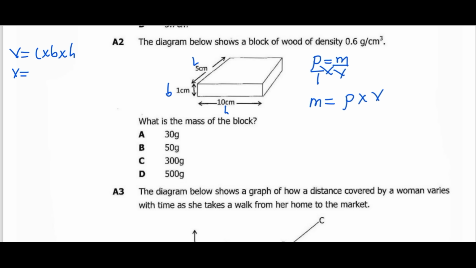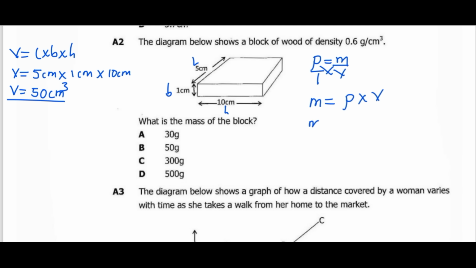It doesn't matter which length is considered our length in this diagram, the answer will always be the same. So say our length is 5 centimeters, multiplied by our breadth 1 centimeter, times 10 centimeters. 5 times 1 is 5, times 10 gives us 50. Then centimeter times centimeter times centimeter gives us a volume of 50 cubic centimeters.